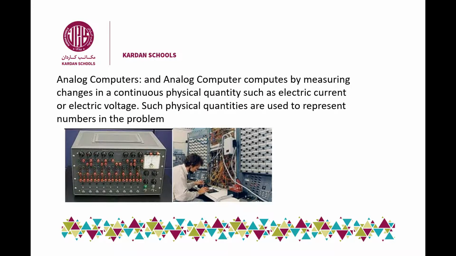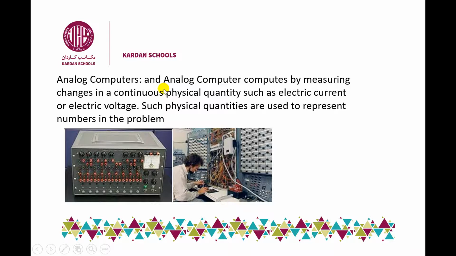Another type of computer is the analog computer. What is the difference between analog and digital? An analog computer computes by measuring change in a continuous physical quantity. It means it measures those quantities which are continuous in nature.